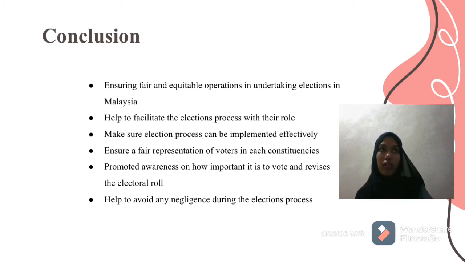The Election Commission of Malaya helps us to facilitate the election process with their role.